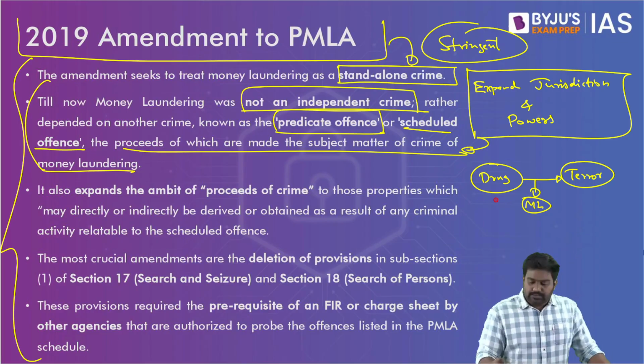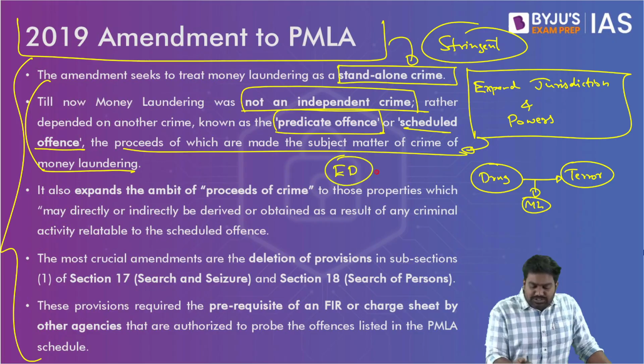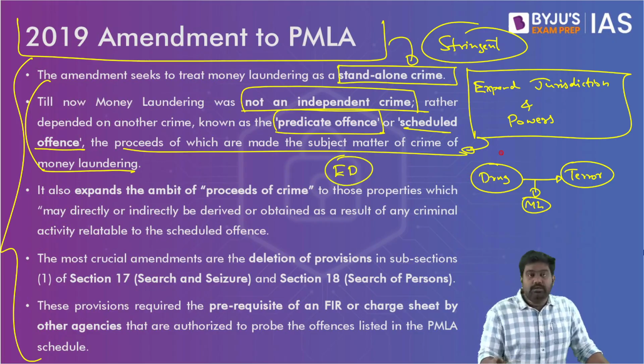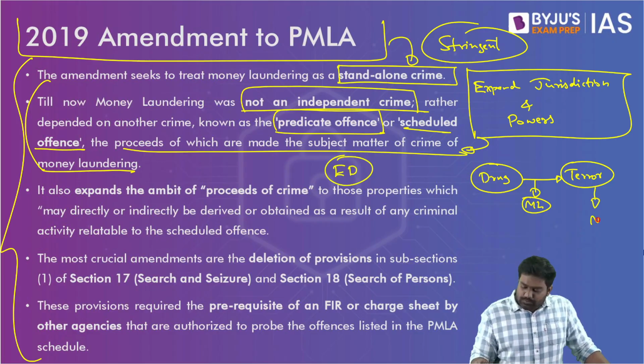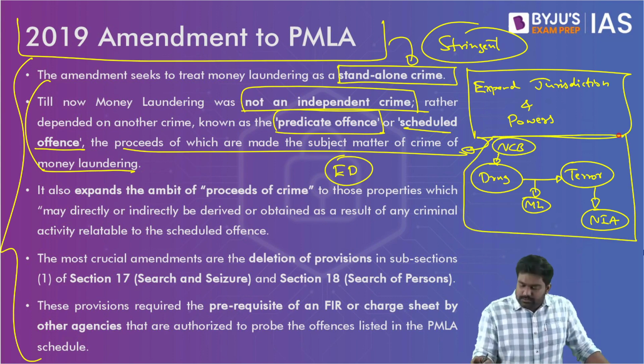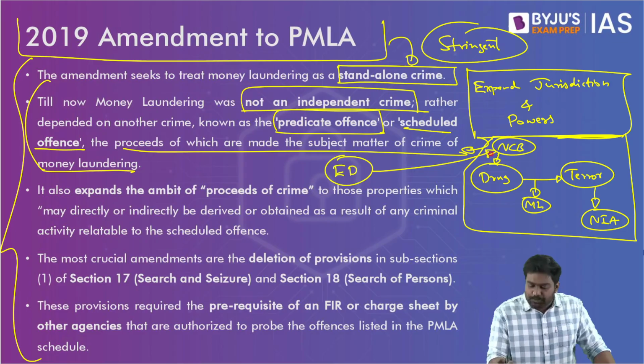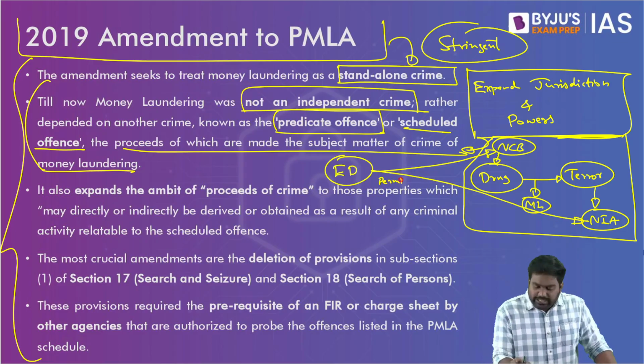Now, when this case comes up, what would happen is that ED could not claim sole jurisdiction, because the terror case would be handled by NIA, the drug case would be handled by the Narcotics Control Bureau, because the laws provide full jurisdiction to them. Primary jurisdiction is given to them. So ED has to ask permission from the others to take up the money laundering case for investigation.